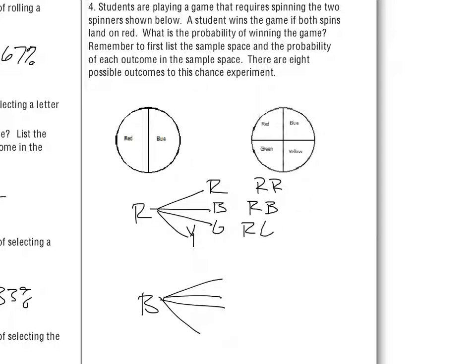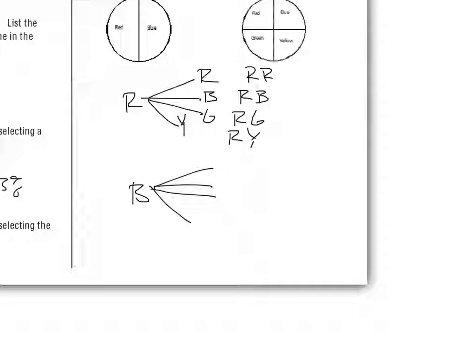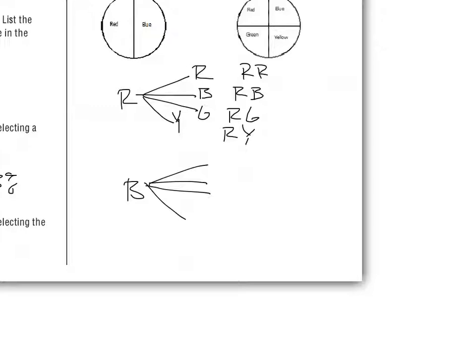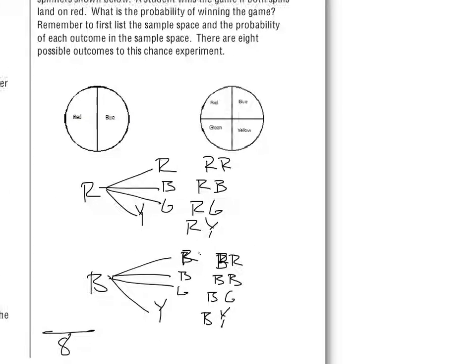And we should start to identify here that it looks like my sample space is going to have 8 different branches. Red, blue, green, and yellow are my possibilities for my second spin. So my outcomes: red, red, blue, red, blue, blue, blue, green, and blue, yellow. So my sample space is going to be out of 8 possibilities here.